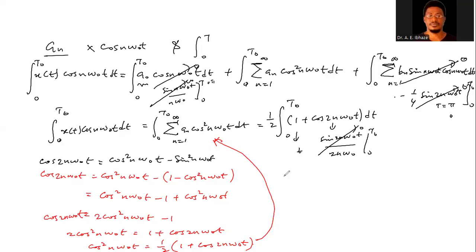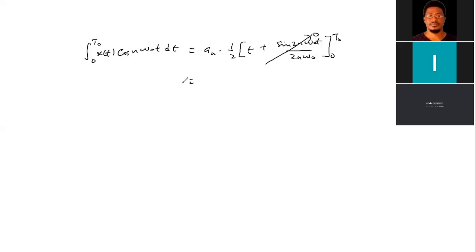So it means that this integral T naught s of t will now be the same as a_n dot 1 over 2 t from 0 to T, which will be the same as a_n dot 1 over 2 dot T naught. That's T naught minus 0, that's T.